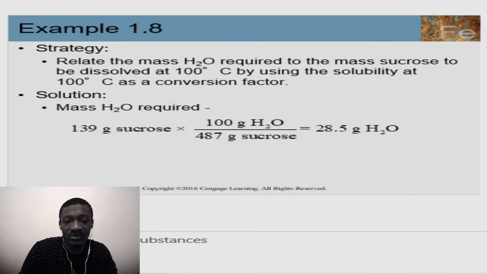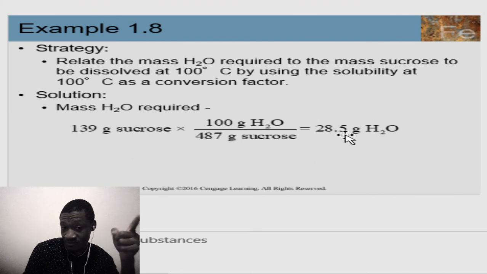So the mass of water required is what we're trying to get first, and how we get that is by the conversion factor, where we put the water above, and then the sucrose beneath, where the sucrose will cancel sucrose, and then you have the amount of water that is required for the minimum amount.